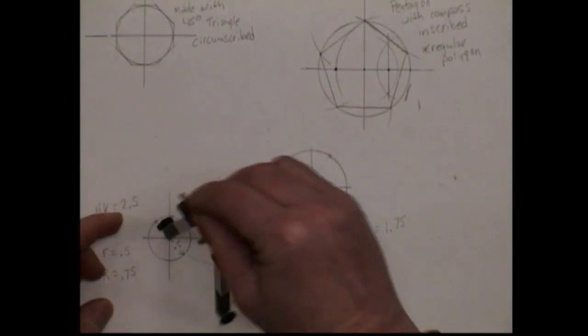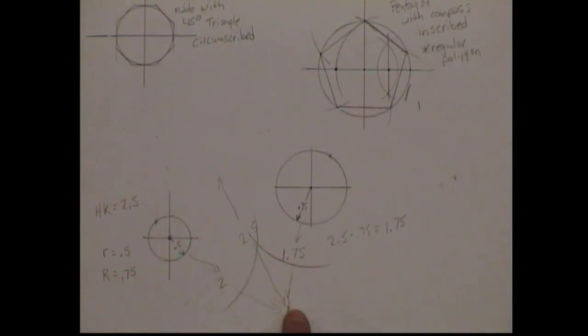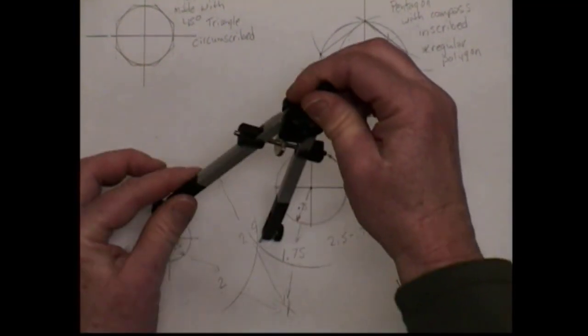And where they intersect is now my center point. Okay, we thought it might be a little bit further down, but it's actually here. So now I can set my compass to 2.5 because that's the actual size of the arc that I need. Because now I can make HK, since I know where the center is, I'm going to use that intersection.